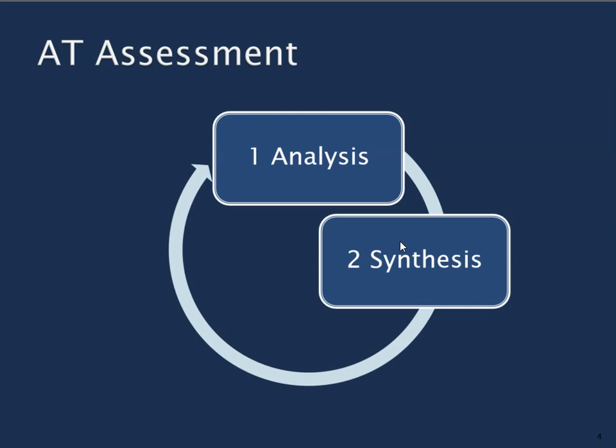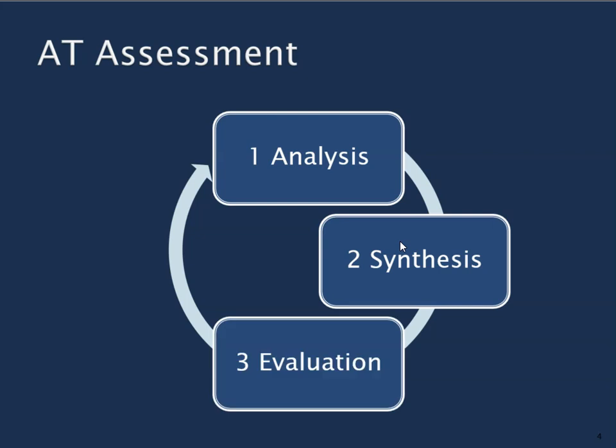From there the client can give feedback to the assistive technology professional in terms of whether they like the technology tool. Is there an outcome when using it? Can we see a marked benefit in terms of timing when using the technology? And that's during the evaluation aspect.